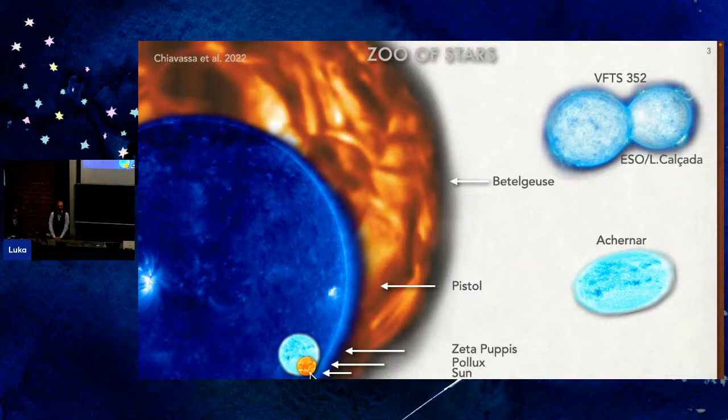And for comparison, I scale artist impressions of several known stars to the size of the sun. And as you can see, some of the stars can be many hundred times larger than the size of the sun. Moreover, what I'm trying to show here is that stars can have different colors.